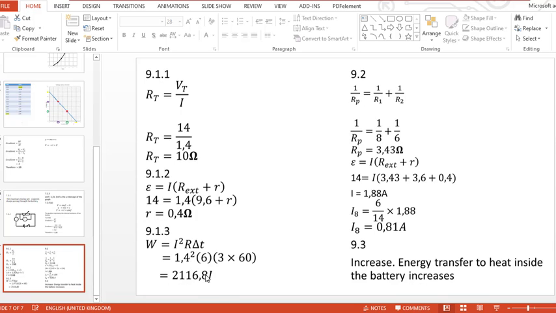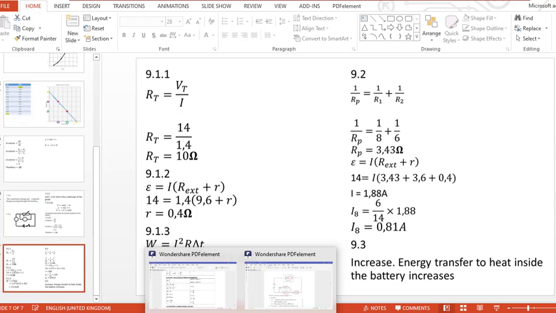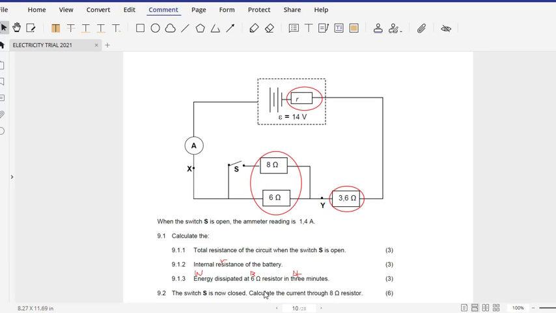Then we go to the next question, that's 9.1.3, which says that we should calculate the energy dissipated at the 6 ohm resistor in 3 minutes. Here we are given some information: the resistance of the resistor is given, the time is given.